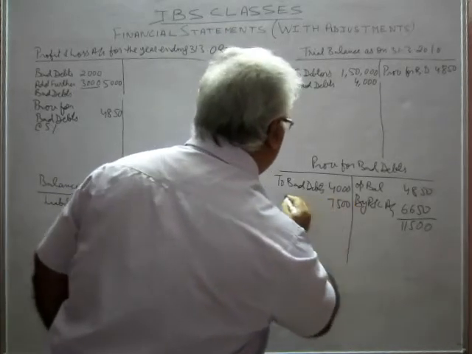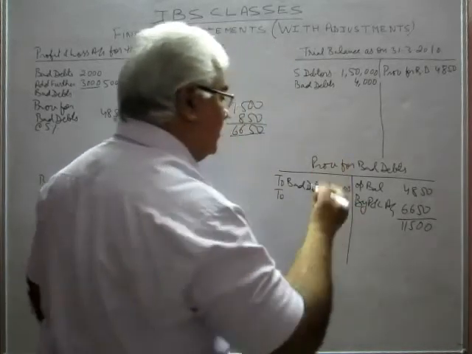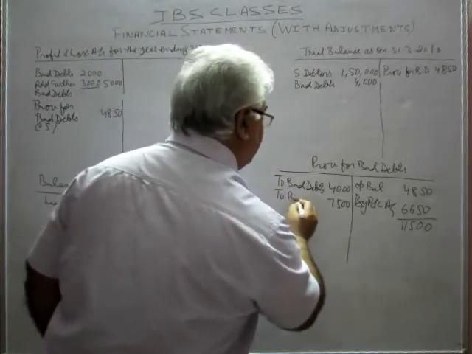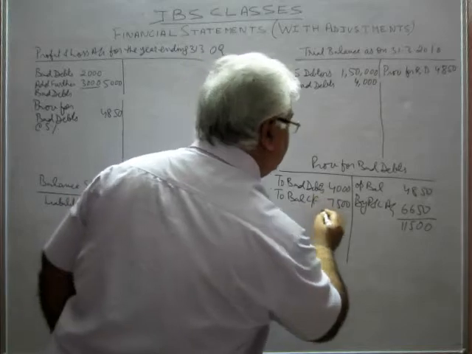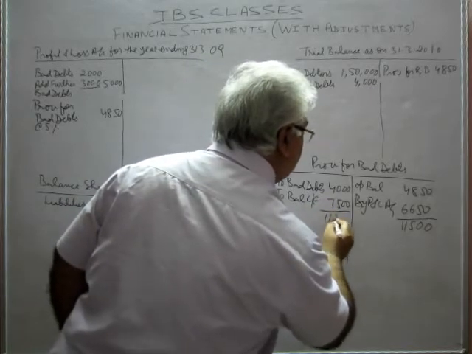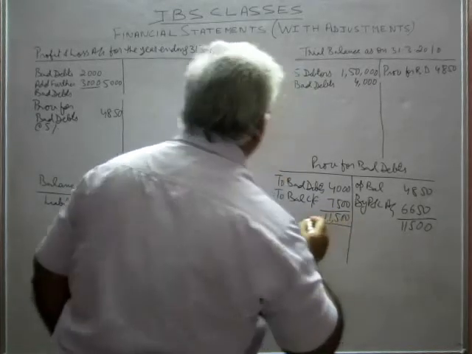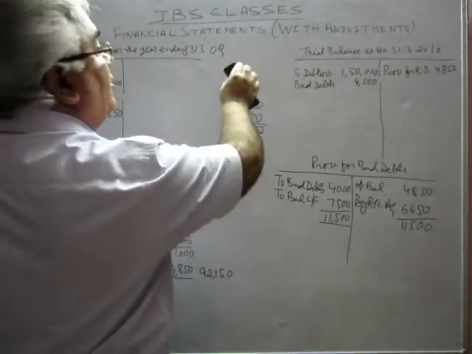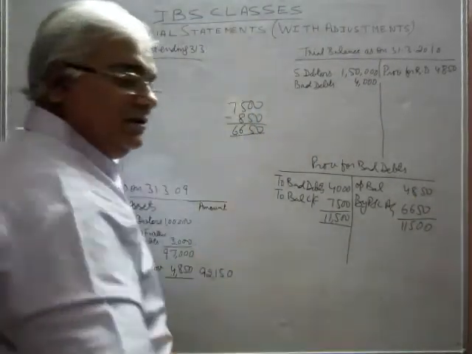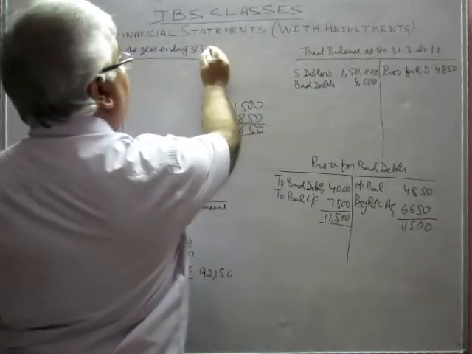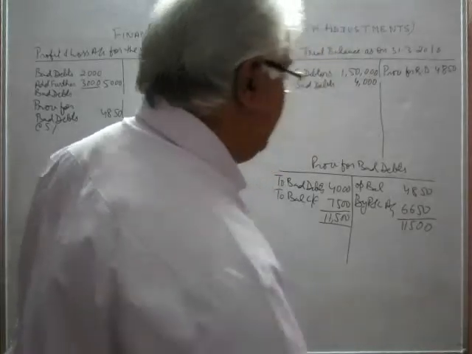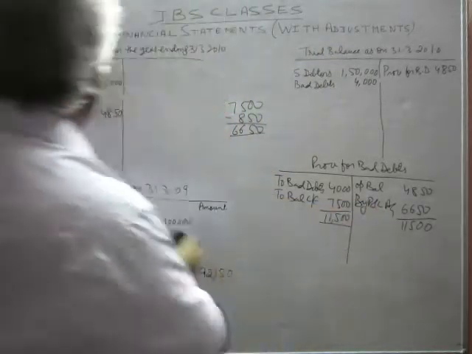This will be the amount, that is the 7,500, which will be carried forward to the next year. And the profit and loss account of 2010 will be debited by only the amount of provision we created this year.